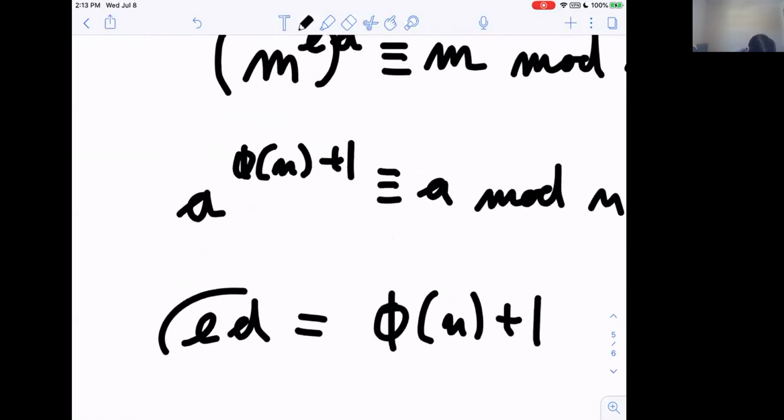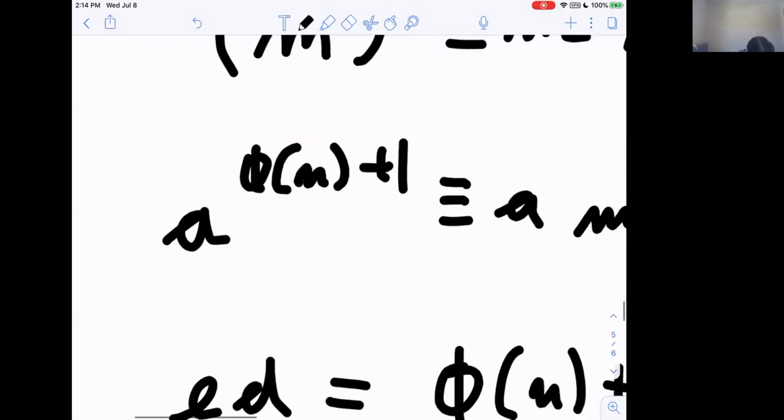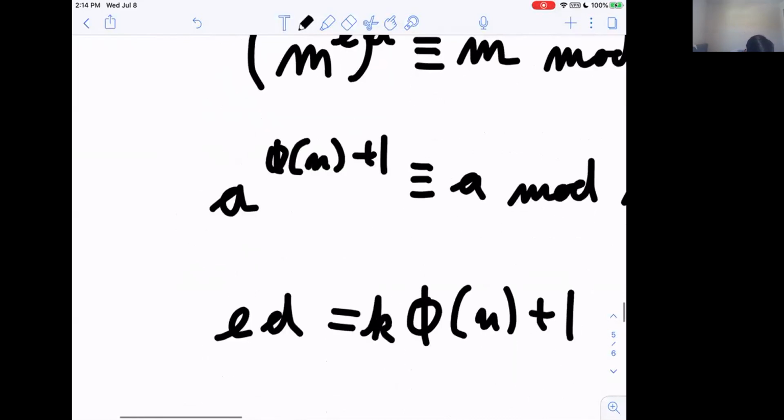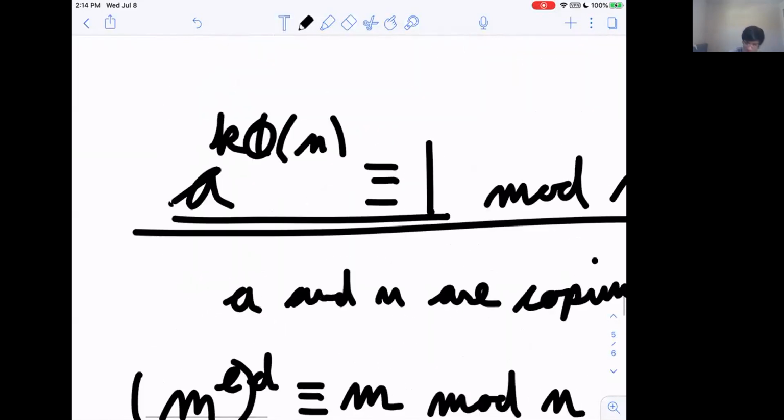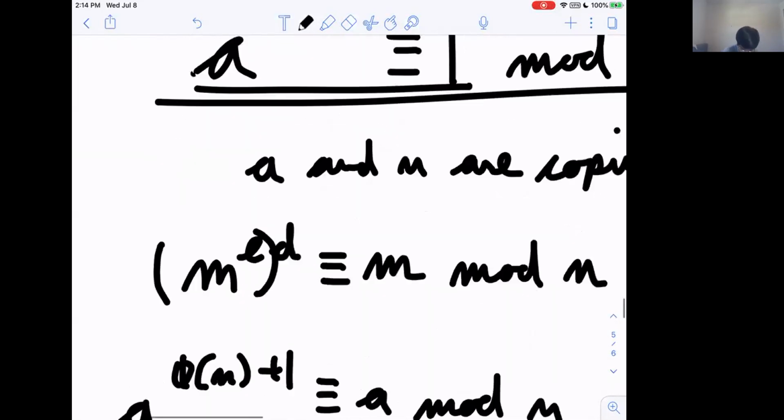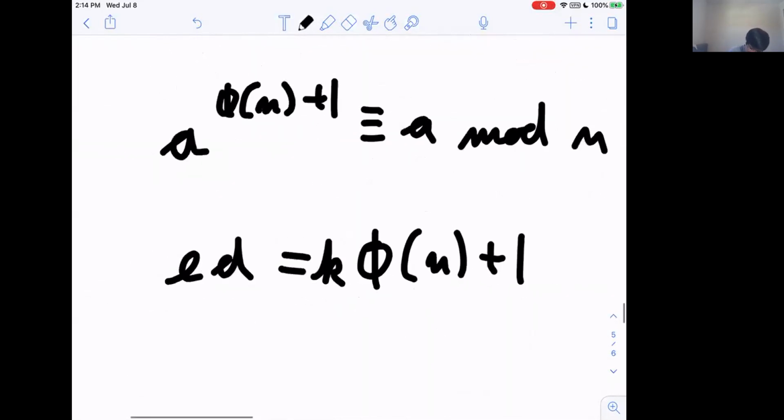If we can find e and d such that it's equal to that, then we have found two numbers that we can use for this RSA scheme. In fact, this could be any multiple of phi, just because going back up here, if you multiply 1 by itself an infinite number of times, you still get out 1. So what we really want is for ed to be some multiple of phi plus 1.